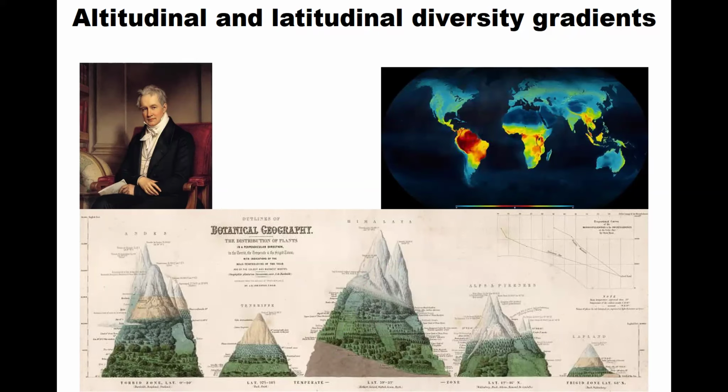Then the biota, vegetation, and consequently also the animals and everything else change diversity and composition going along the latitudinal gradients northward or southward. So Alexander von Humboldt was the first one who recognized that mountains are some kind of small latitudinal gradients, but along altitude.